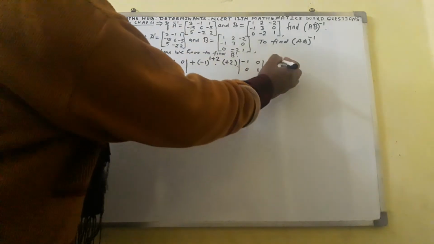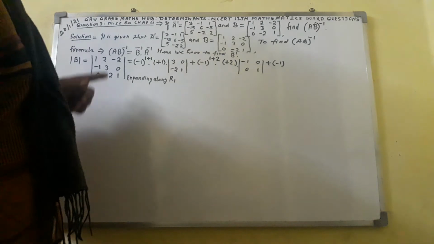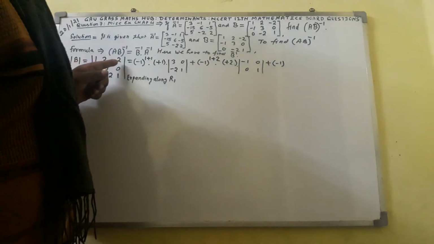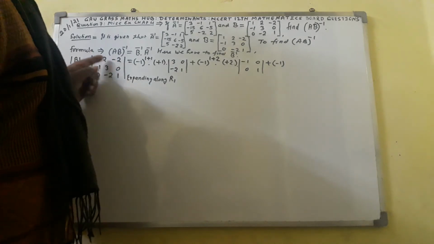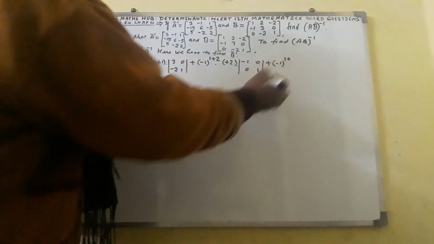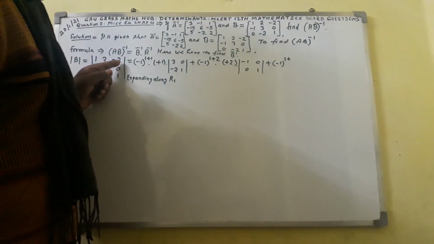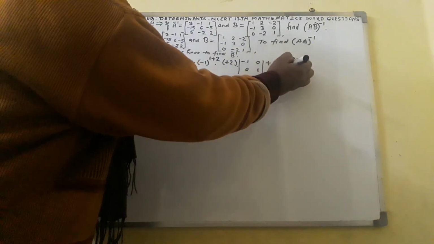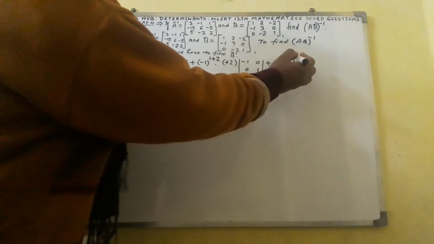Plus, again I shall write -1 raised to the power. And if I discuss this element -2, -2 is in first row. For first row I shall write 1 plus, and this -2 is in third column, so for third column I shall write 3. This element I shall write with sign, -2.